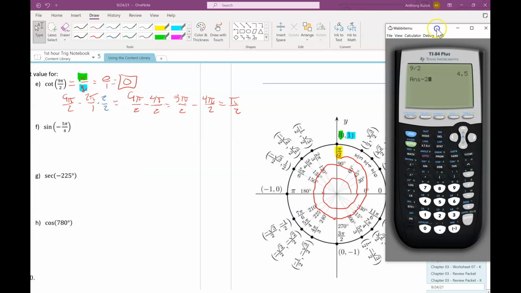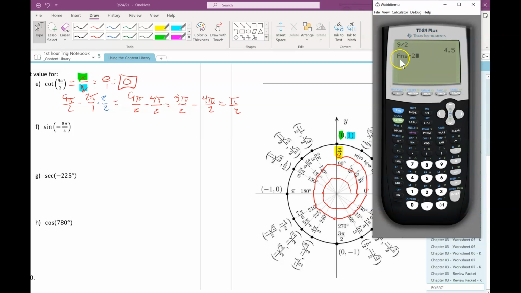I'm going to keep subtracting 2 until I get a number that's between 0 and 2. So I subtract 2 once. That didn't do it. Do it again. That did it. And then I can press the math button and choose the fraction command to convert that back to a fraction. So there's my pi over 2, or 1 pi over 2 if you prefer to write it that way. That's okay still.